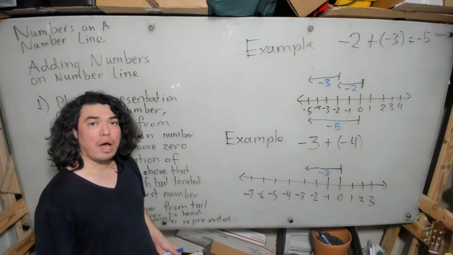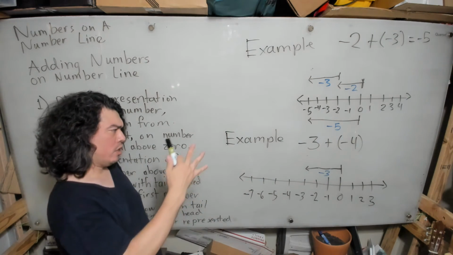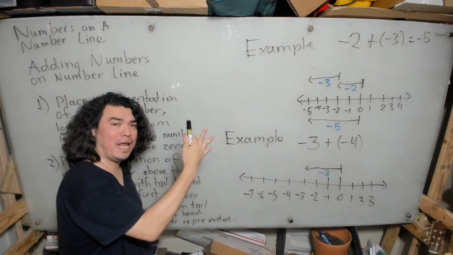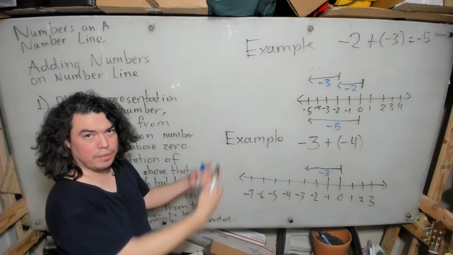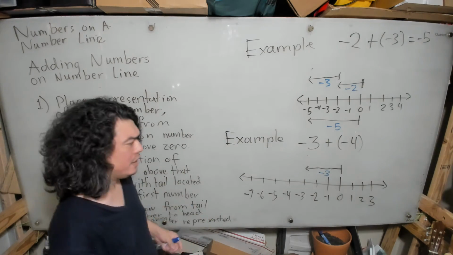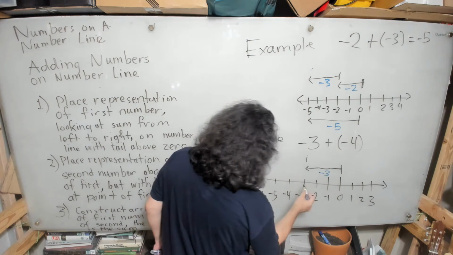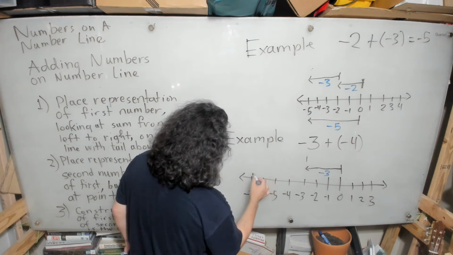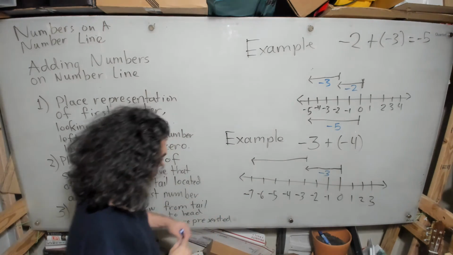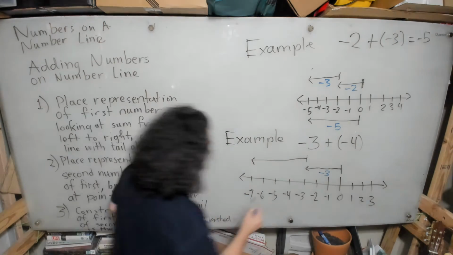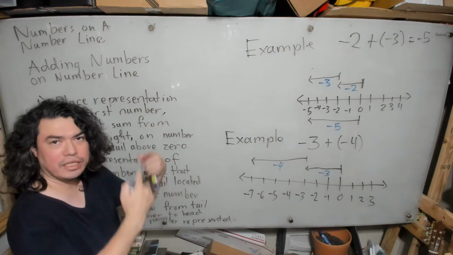Now, what am I going to do? I'm going to place an arrow representing the second number, in this case the -4, above the first, but in such a way that the tail starts where the point of the first arrow, the arrow representing the first number, ends up, right? So right there, right? And I'm going to go 1, 2, 3, 4. So like this. Right? So that's -4. So, and then of course, how do we get the sum?